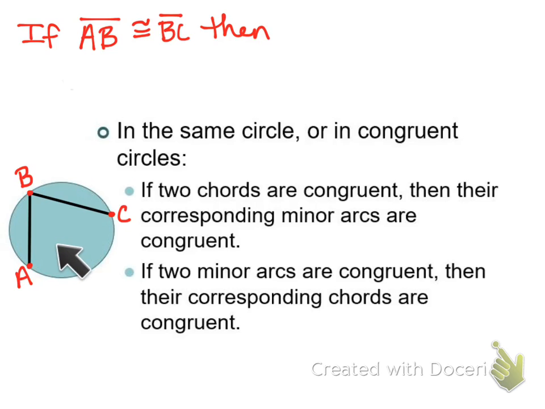So what minor arc is formed by chord AB? It's not a trick question. Arc AB. So arc AB is then going to be congruent to which other minor arc? CB, or BC, whichever way you want to call it. It's that other small arc. So chords create minor arcs on our circle.